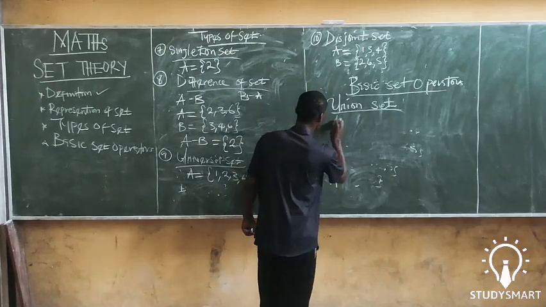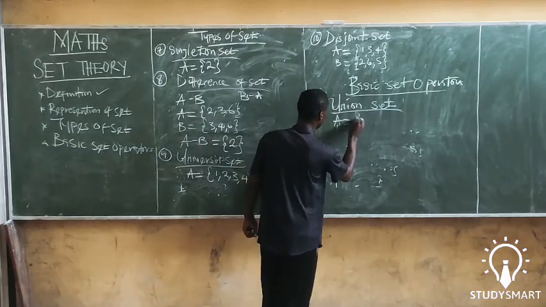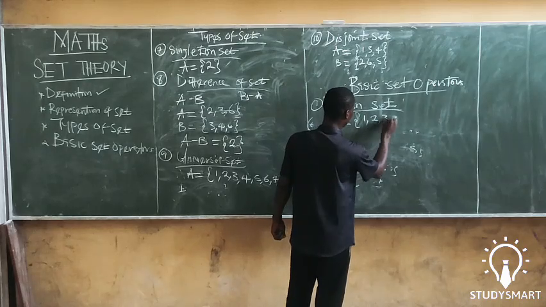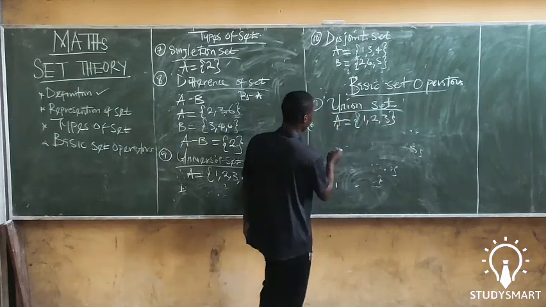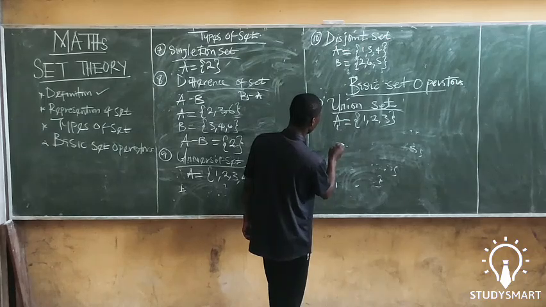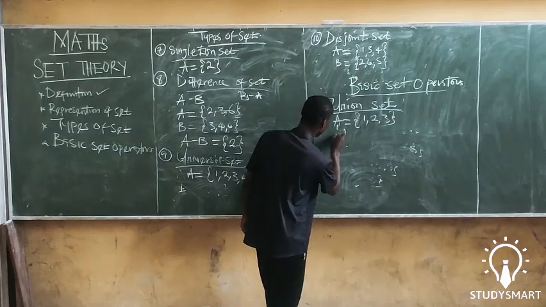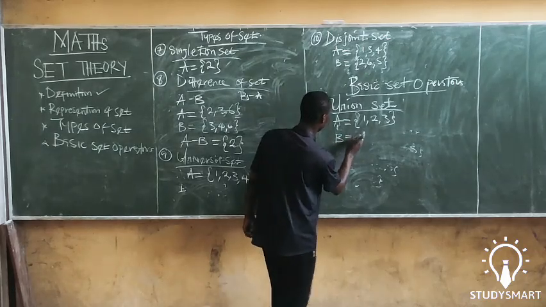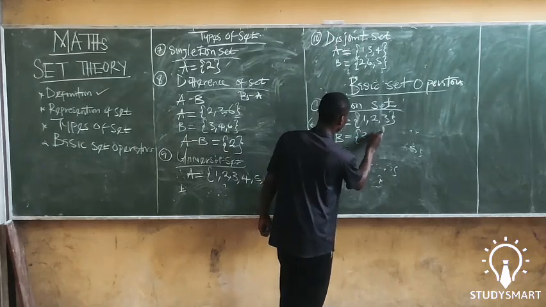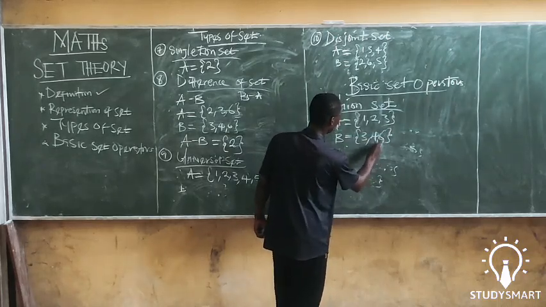For example, if I have A equal to the numbers 1, 2, and 3, and I also have B equal to 3, 4, and 6.